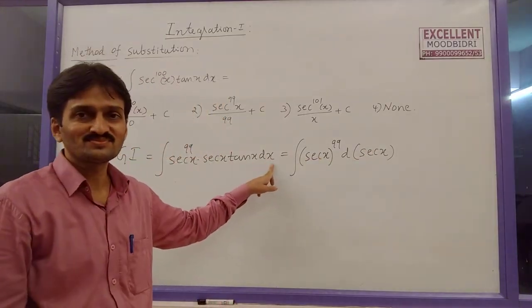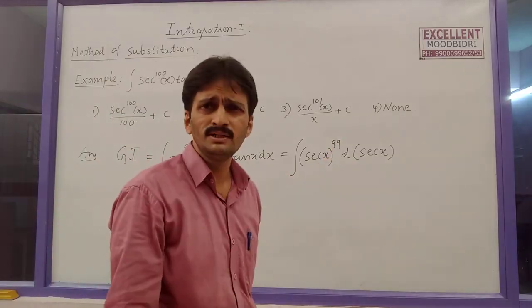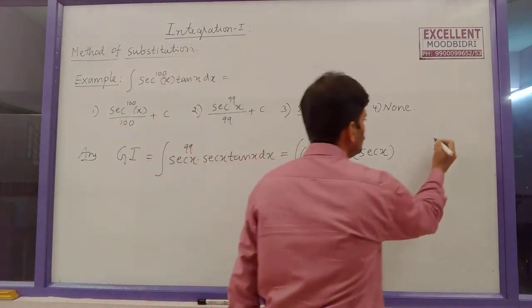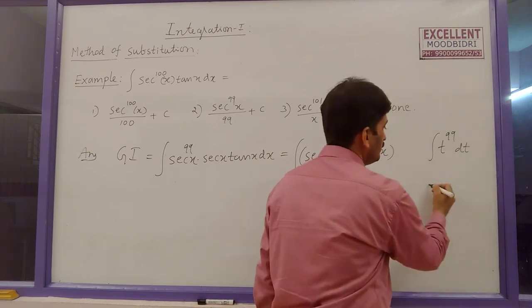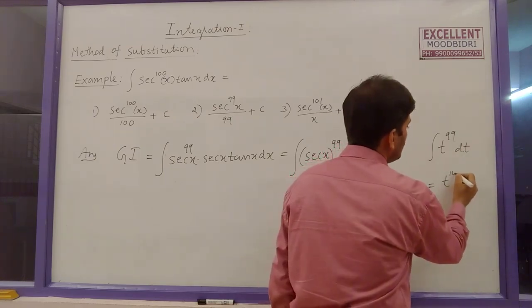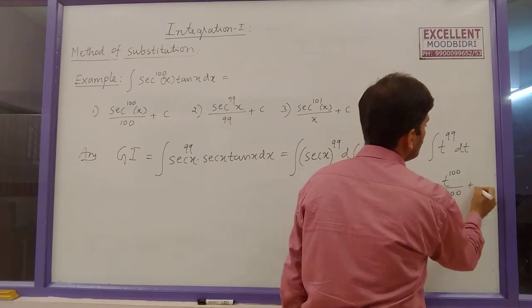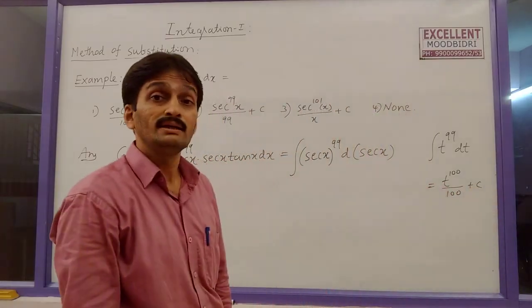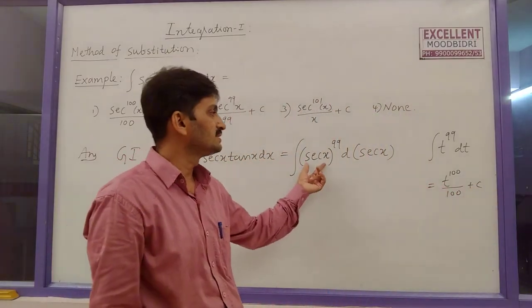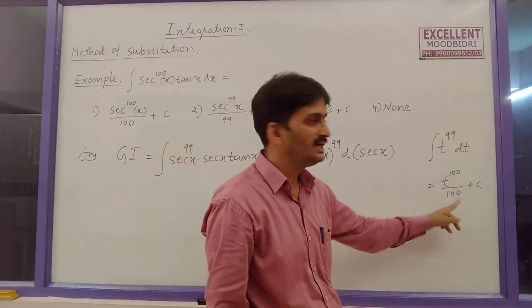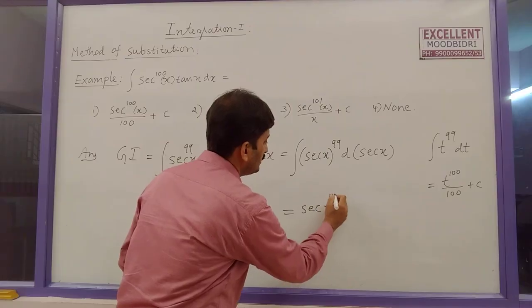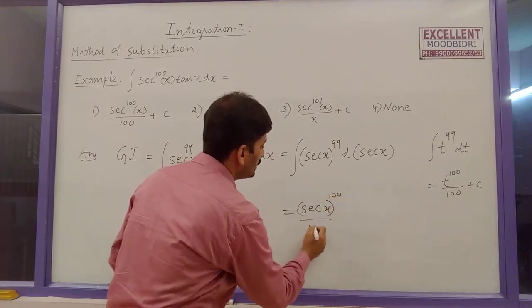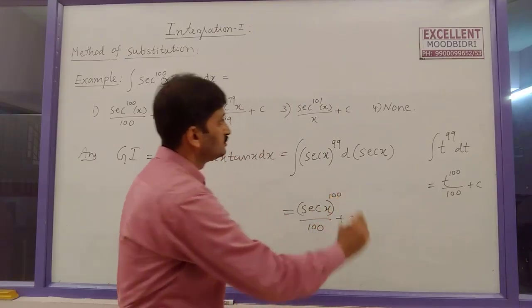Secant x tan x dx. Now look at this problem. It is similar to t power 99 dt, correct? And what is the integral of t power 99? t power 100 by 100 plus c. But in place of t, what do you have? Secant x. So the answer is secant x power 100 by 100 plus c. So which option?